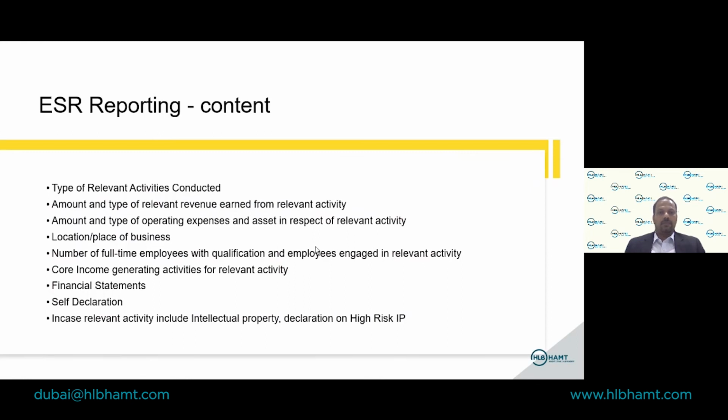And now, a very important slide. What are the ESR reporting contents? What are the contents which we are going to report to the government? The format of the ESR reporting is not announced yet, but they have given the indicative contents at the time of reporting. So: type of relevant activities conducted, what type of activities we have conducted or the clients have conducted.